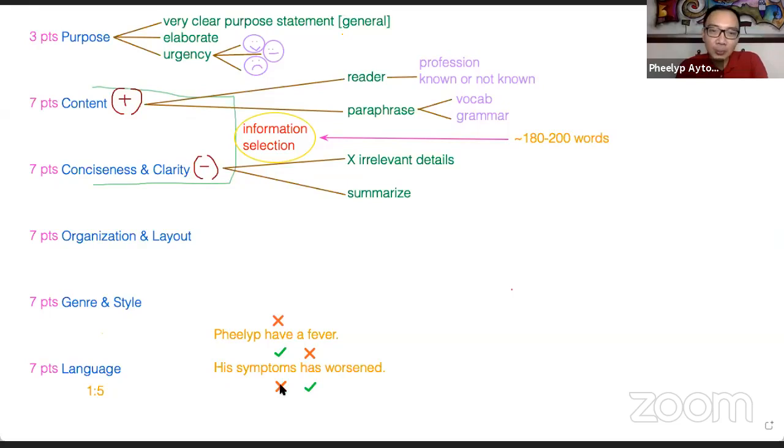Dapat symptom lang pala. Do you get it? Kung symptoms, you're talking about more than one symptom. Kung symptom, you're talking only about one. Alin dyan yung tama? We don't know. It's confusing. No? So, therefore, is meaning compromised? Yes.